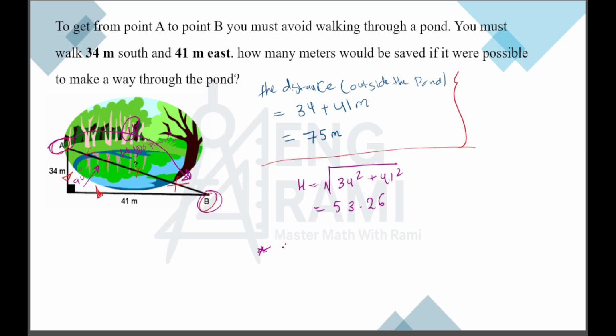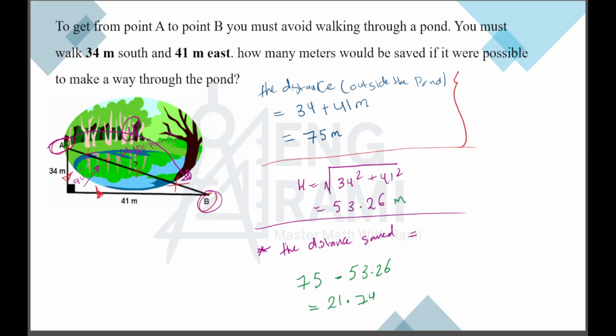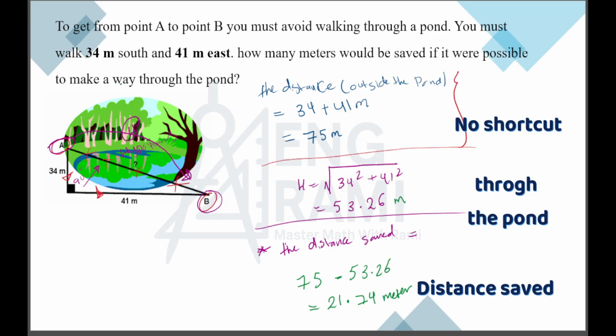So the distance saved equals 75 minus 53.26, which equals 21.74 meters. This is how many meters would be saved if it were possible to make a way through the pond.